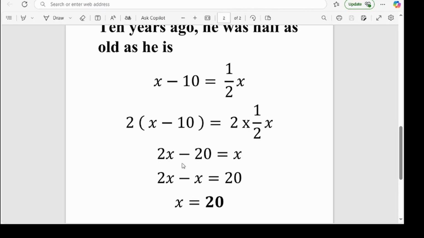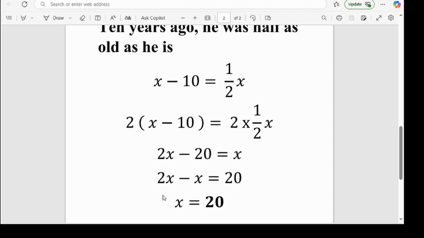Here we have minus 20, right? So this 20 is a negative 20. So a negative 20 crossing the equal to border would change its form and become a positive. So in all, we are going to get 2x minus x is equal to 20, right? So 2x minus x is x. So 2x means the x's are 2, right?